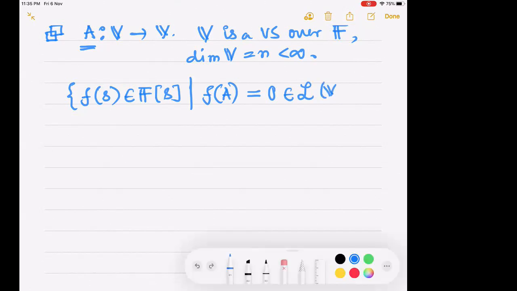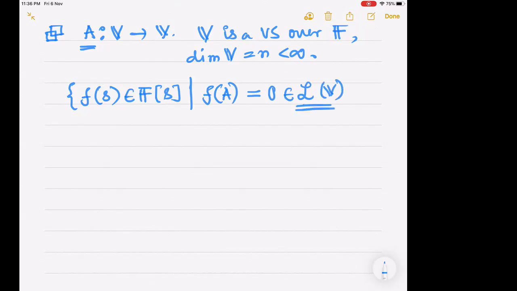So zero operator. This symbol means the space of all linear operators from V to itself, right? Well, of course, this is a subset of the polynomial ring. This is a collection of polynomials. It's a non-empty set because the zero polynomial is always there, right?